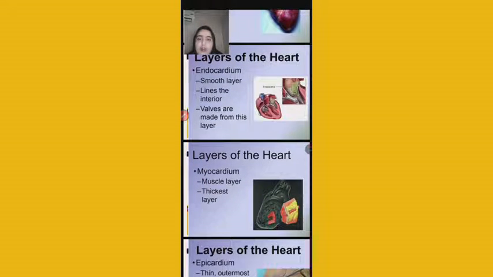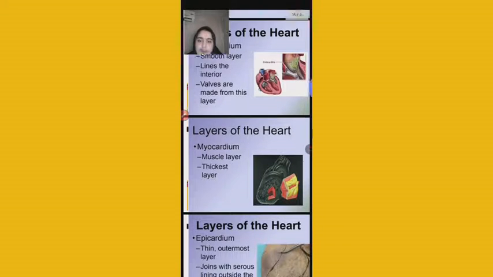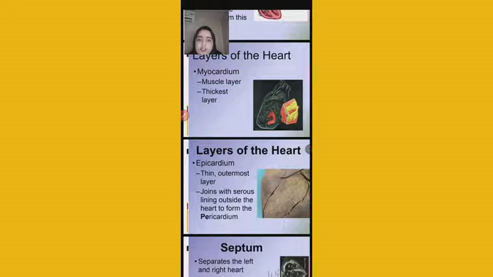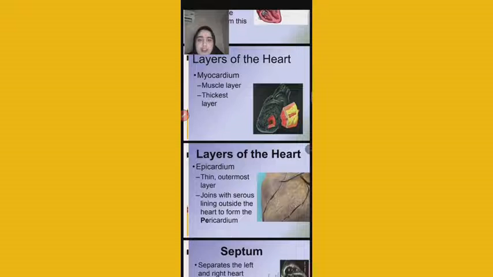The myocardium is the muscle layer, the thickest layer. The epicardium is the thin outermost layer, joined with the serous lining outside the heart to form the pericardium, as you see in this picture.